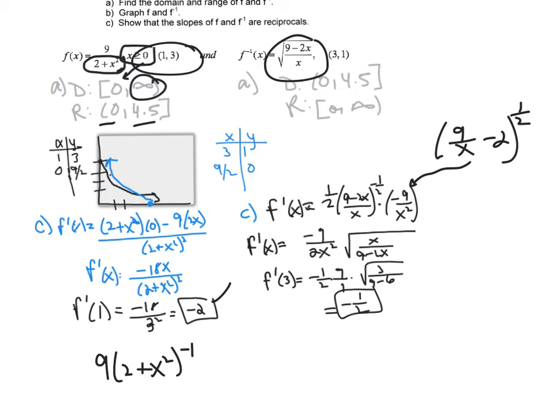So it'd be 1/2 9 over x minus 2 to the -1/2 times the derivative of the inside, but the derivative of the inside, you have to do 9x to the -1. So add power, divide by that. Hence why I got the 1/2, and you end up with -1/2 as your slope. So they are reciprocals of each other. Hopefully you're good there.